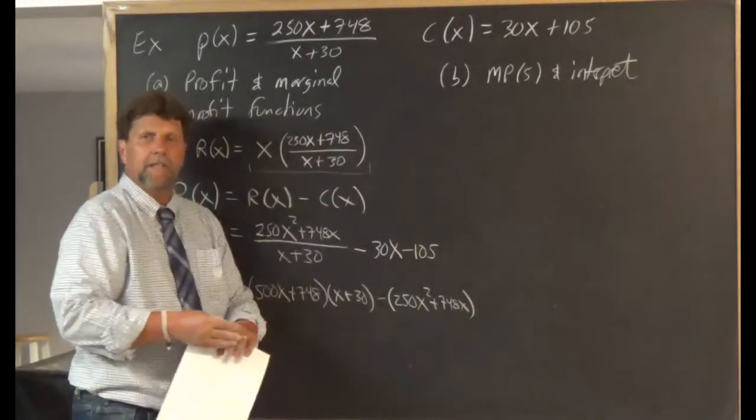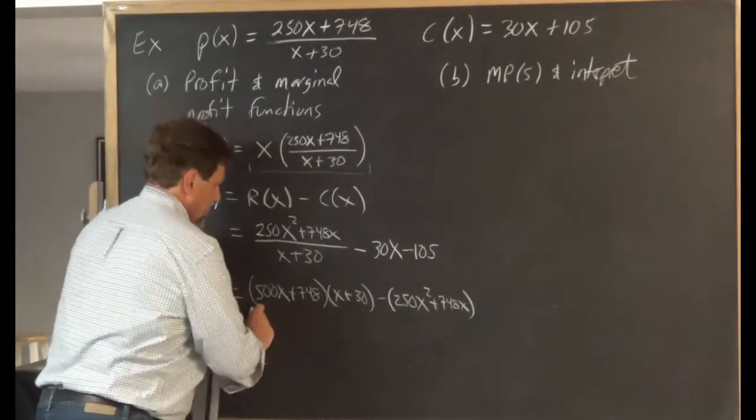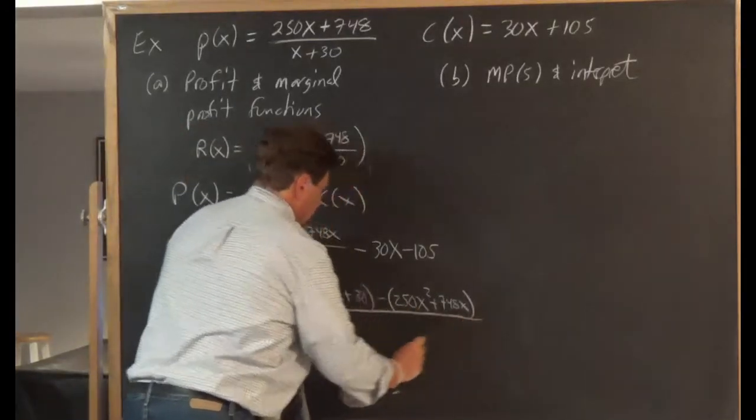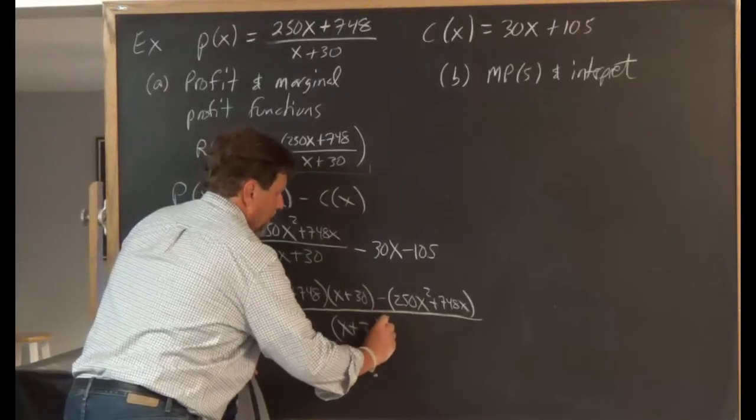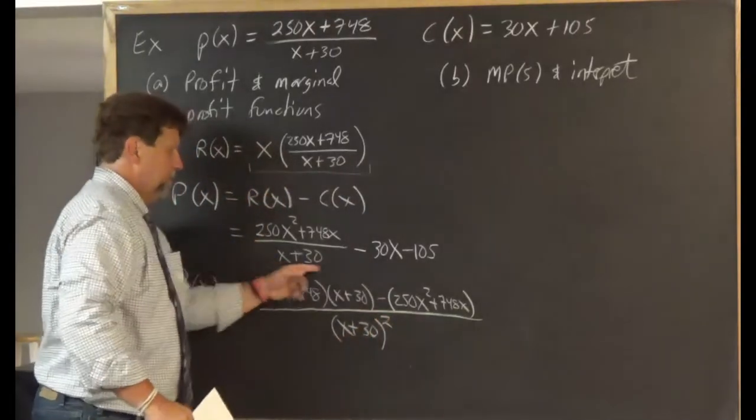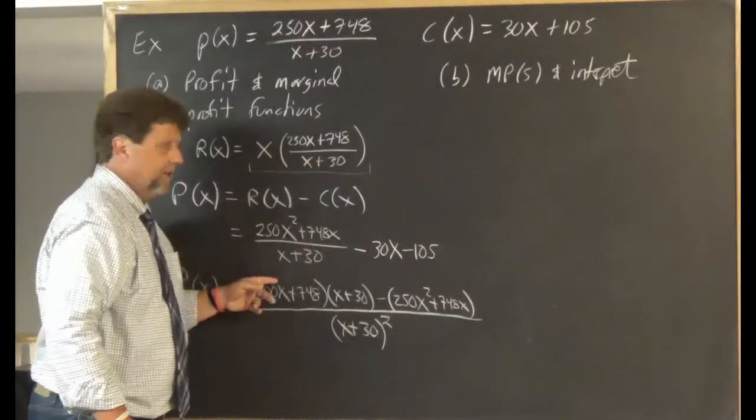Well, the derivative of the denominator is just 1. All over the denominator squared. Okay, so we've differentiated this piece of the profit function.